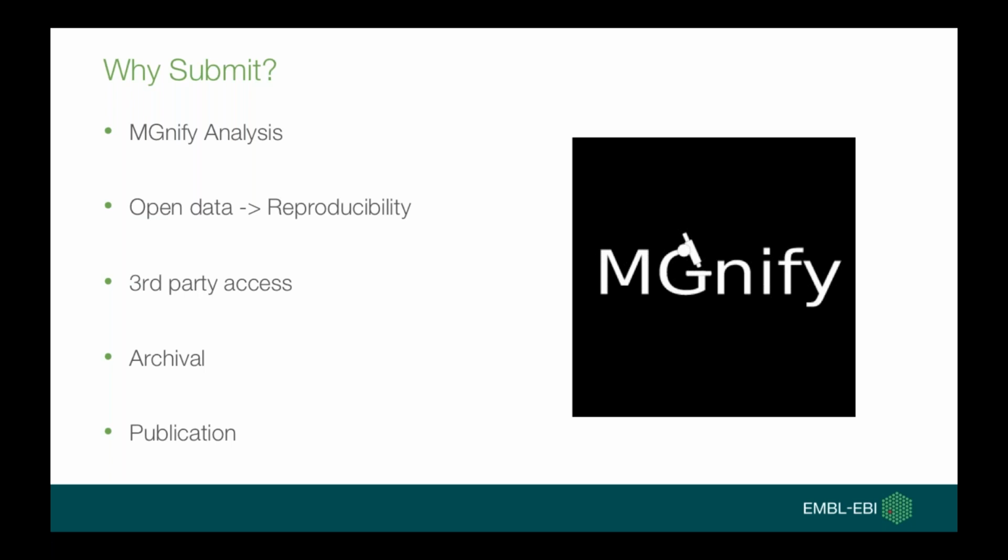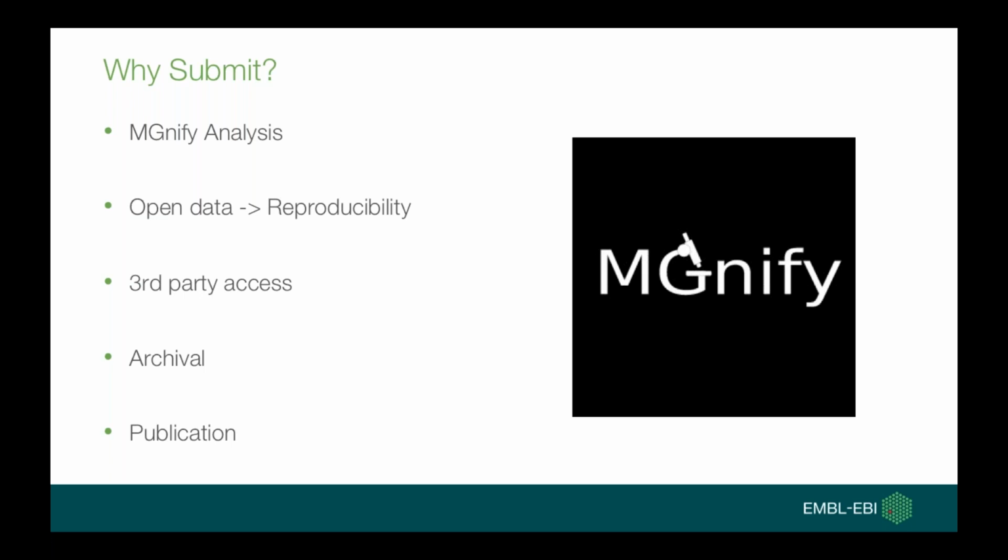We believe that having open data leads to greater reproducibility and greater accountability. So having the data out there means that claims made in papers can be tested and verified. It's also useful sometimes to allow third parties access to your data. If you have collaborators who are very geographically remote from you, it can be a very useful way to make your data available to them, although of course it is then available to the entirety of the rest of the world.